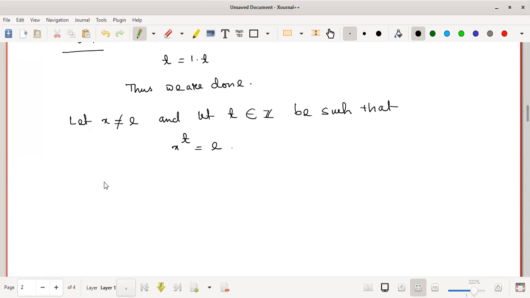Now I want to apply the division algorithm. So I have two integers t and k.